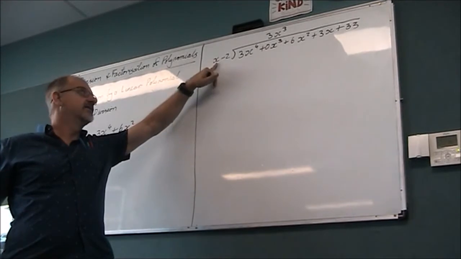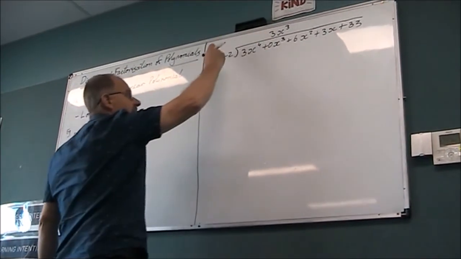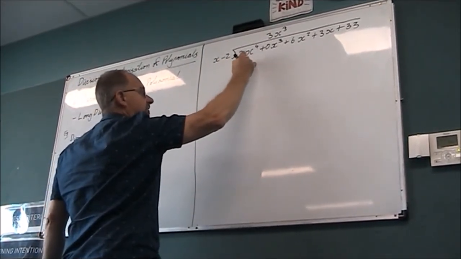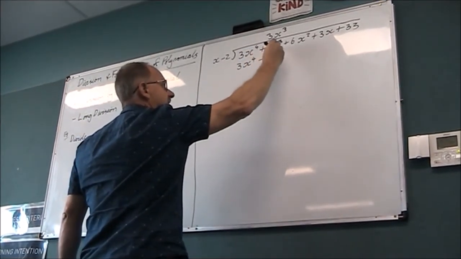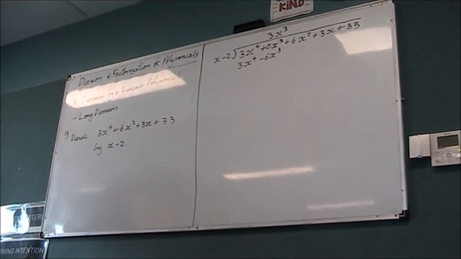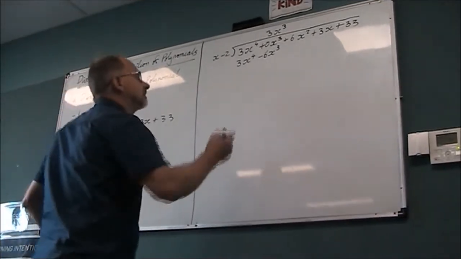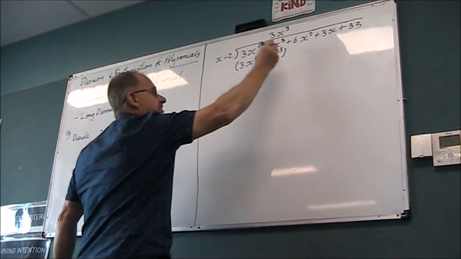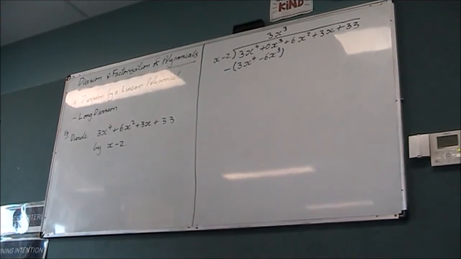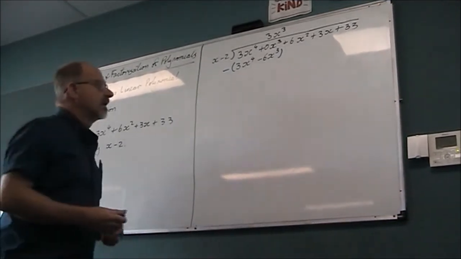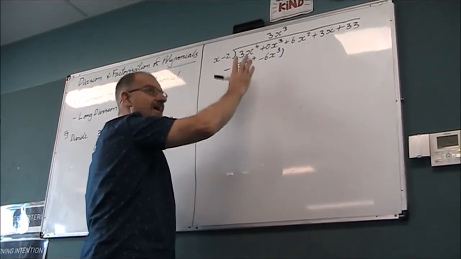Now of course this factor here is not just x, but it has a minus 2 as well. So we need to bring that in. So 3x cubed times x gives us our 3x to the 4 bit. 3x cubed times minus 2 is minus 6x cubed. And so now in this first process we've got an x cubed term. So what we then need to do is take away that to see what we've got left. 3x to the 4 take 3x to the 4 is 0, which is what we're after.